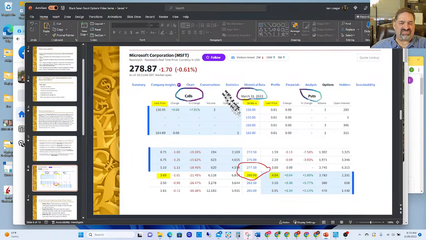So basically you say, well, I paid 200, it's 278. If I get a put option, which is the right to sell it for 275, that would basically lock in $75 per share profit. I have to pay $2.20 per share.